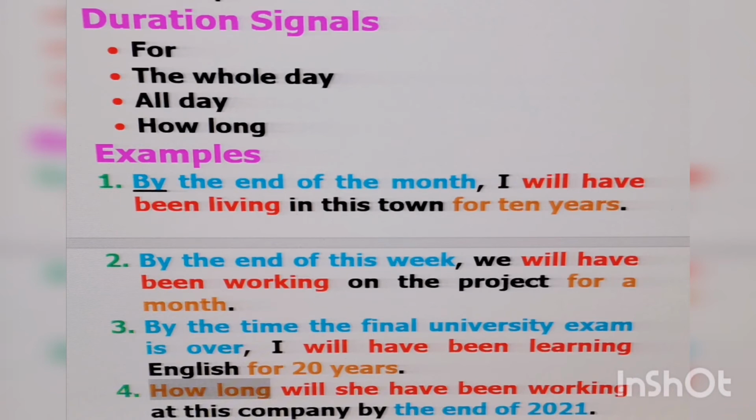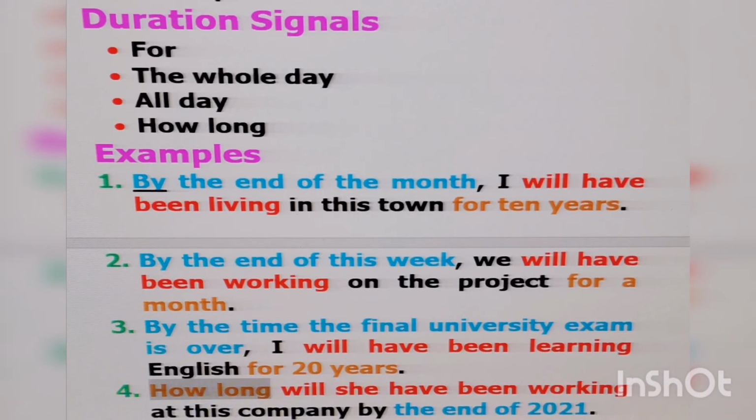So by the time here, it means when. And I have said when you have by the time or when, in this part of the sentence, you must have present tense, is. The second one, I will have been learning English for 20 years, future perfect progressive. Here, the duration expression.